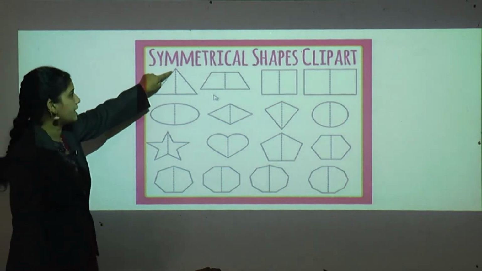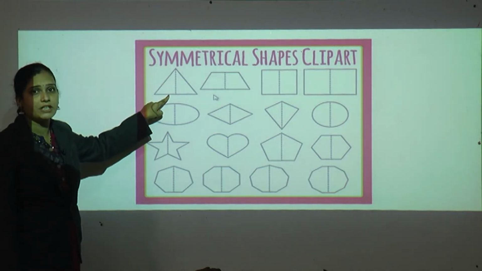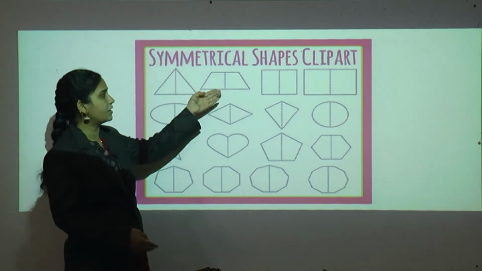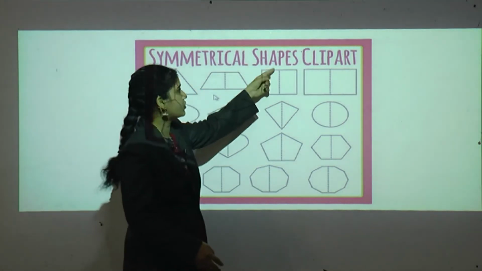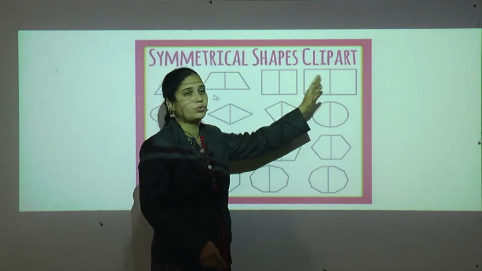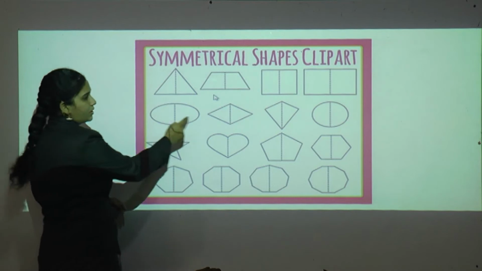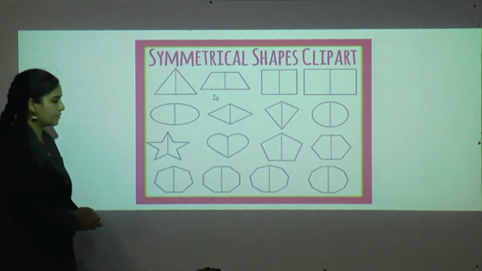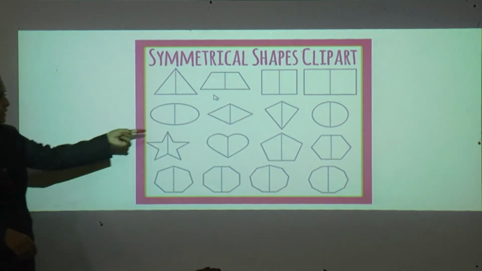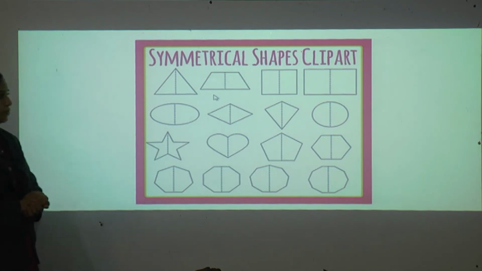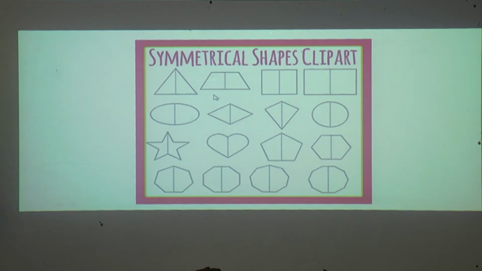This is a vertical line, so we can say vertical axis of symmetry. Now see here, this line also divides the figure into two equal parts. In the circle also, you can see that the line divides the figure into two equal parts. So these are some examples of symmetrical figures.